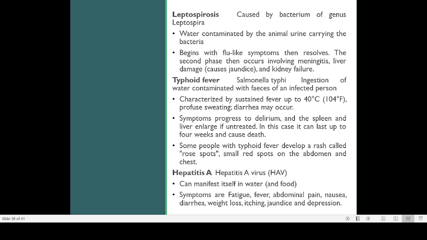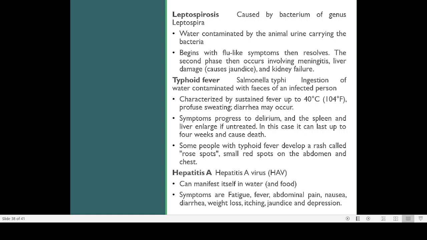So if it is a bacterial disease, it can be easily treated. If it is a viral disease, we don't have any treatment option right now. What doctors are giving is supportive treatment. In this case, it can last up to 4 weeks and cause death. So typhoid, just like leptospirosis, is also a dangerous disease.